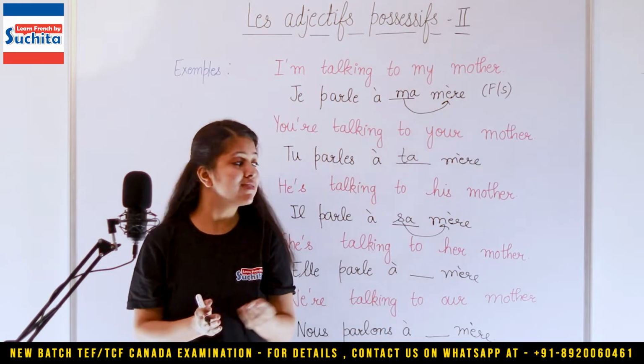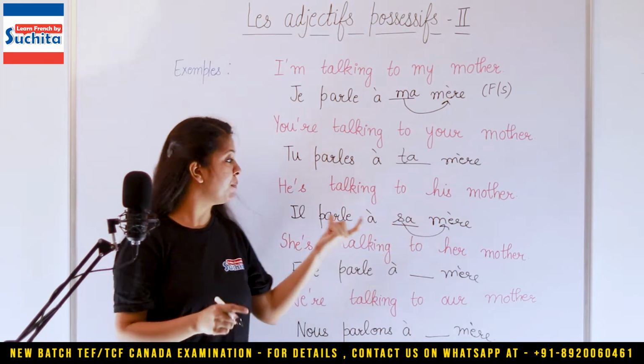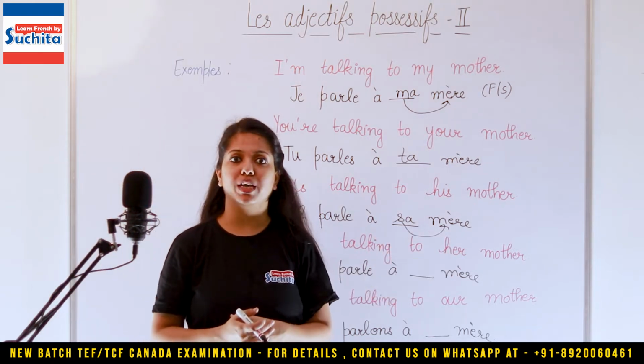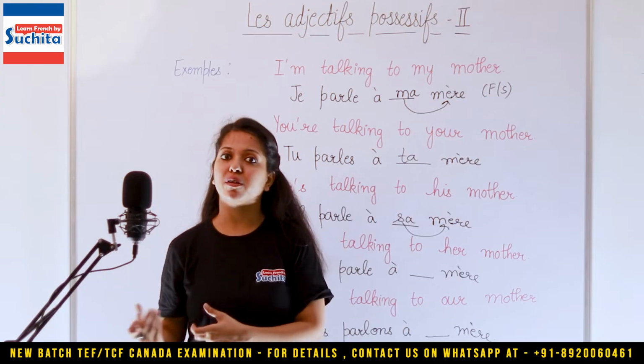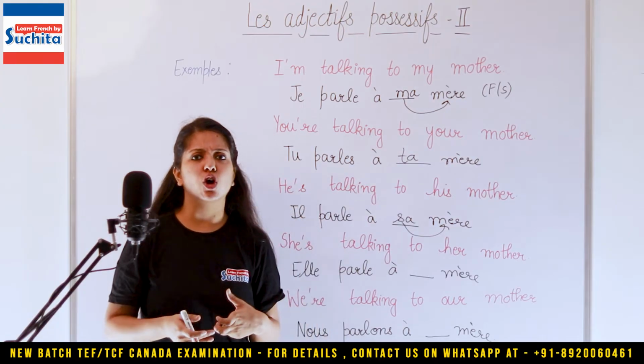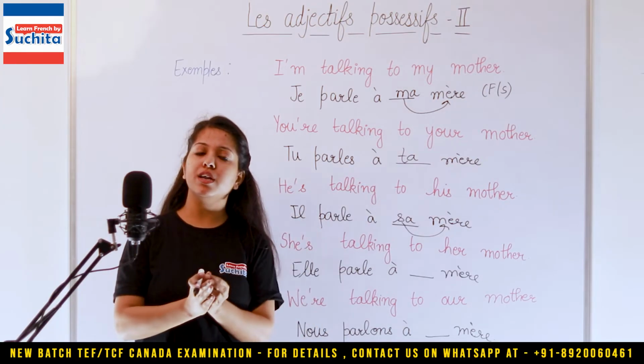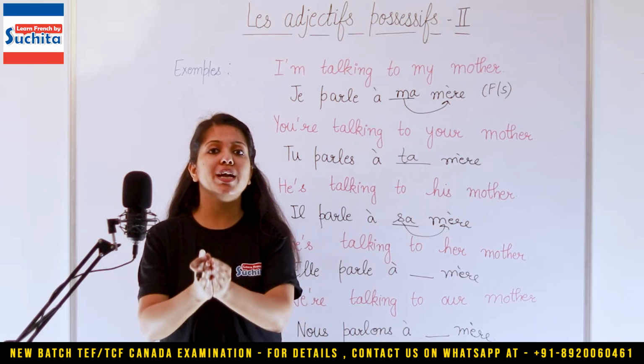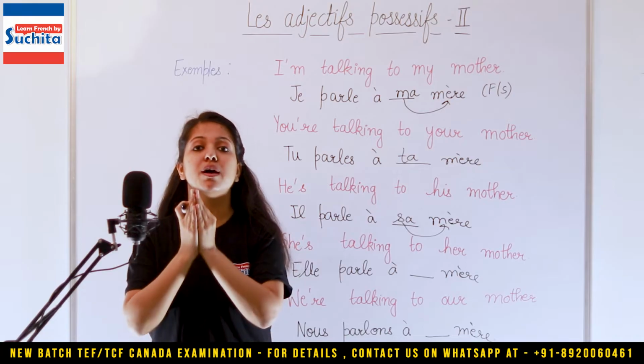Because in French, his is not dependent upon the subject. It is dependent upon the object that is following. So, il parle à sa mère. If you want to say, she is talking to her mother, for her as well you have three different ways: son, sa, ses. But you will look at the word which is next to the dash, so that is mère.